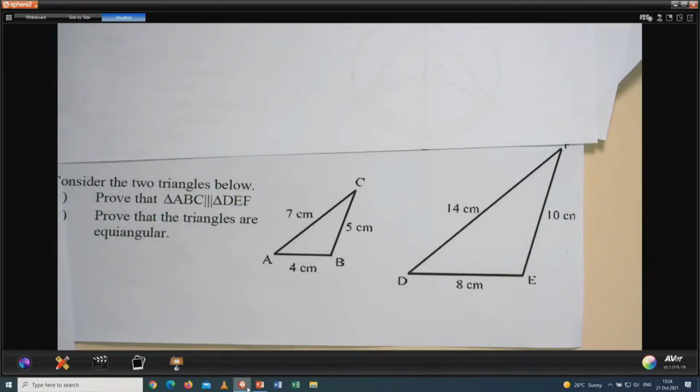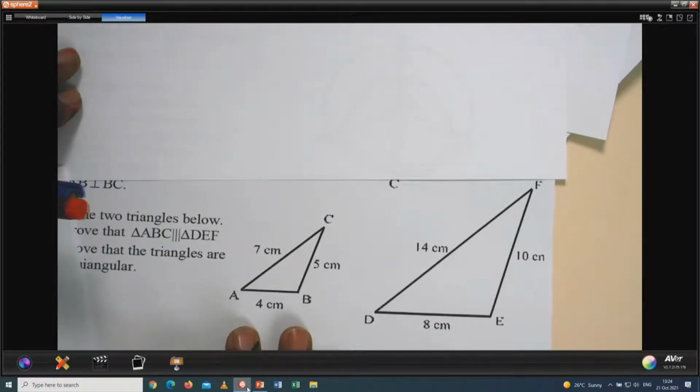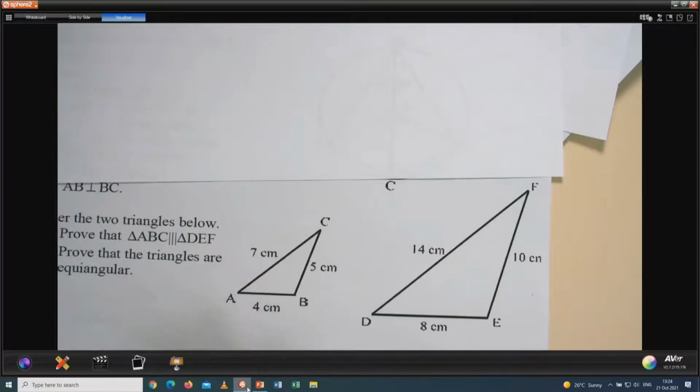Therefore, we say, let's see, AC over DF. Let's see the relationship there.